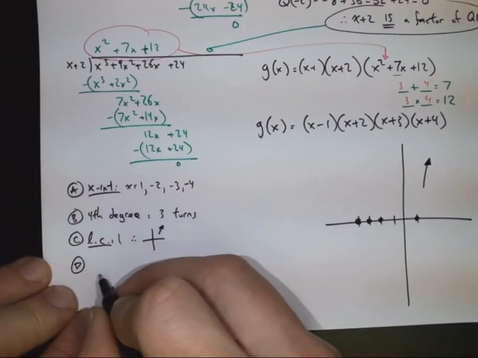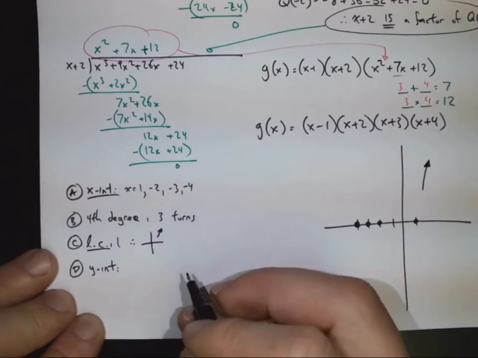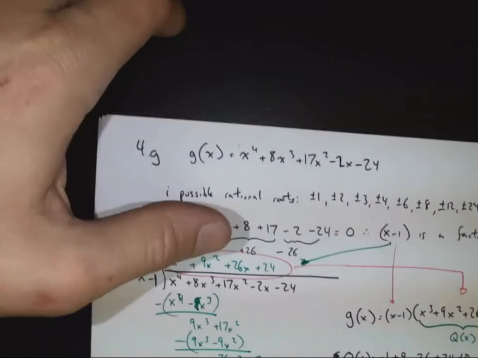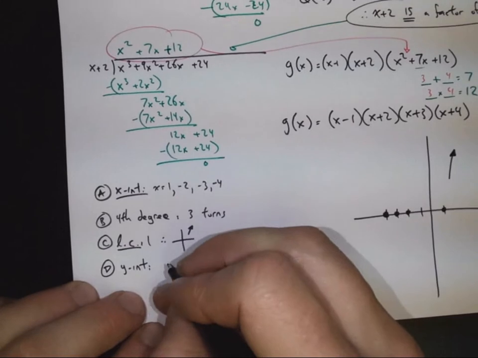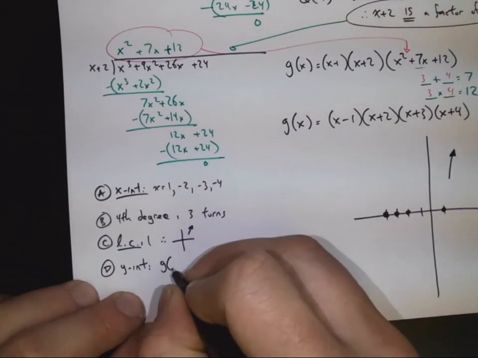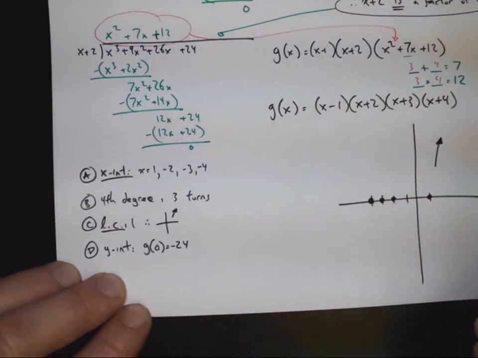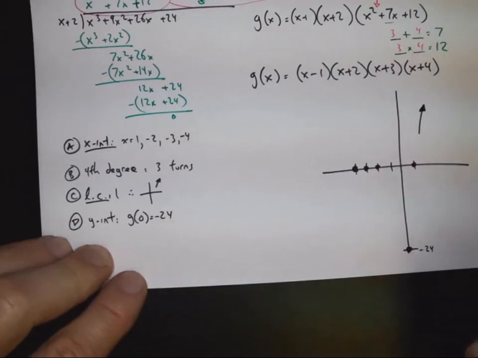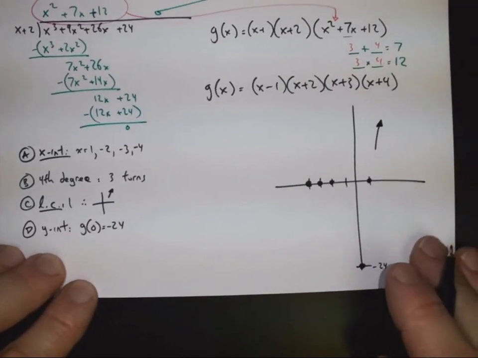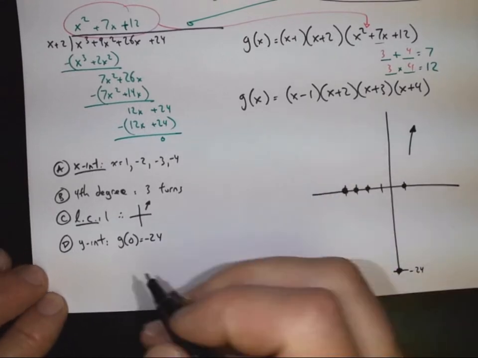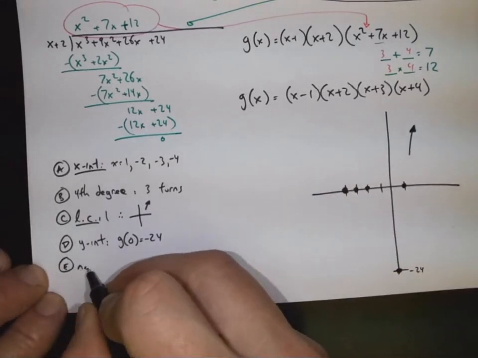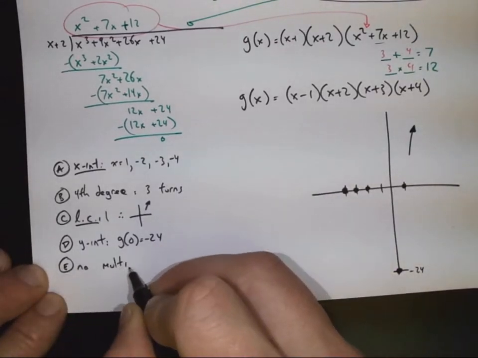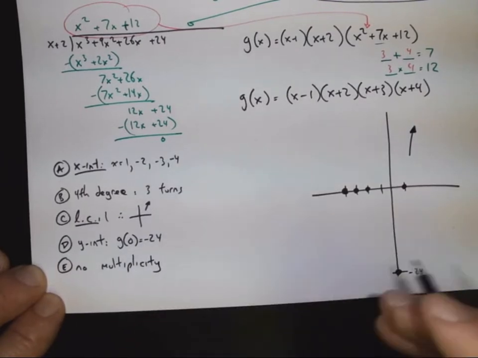And the y-intercept is -24. G of 0 is -24, so we'll call it down here, -24. And I don't have any multiplicity.